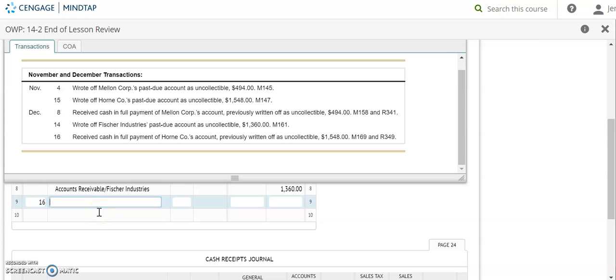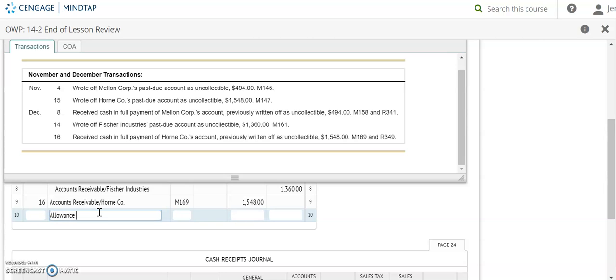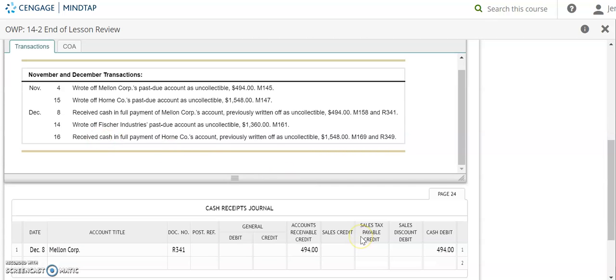So I'm going to debit accounts receivable Horn Company, using memorandum 169, and I'm debiting for 1,548, and then I'll credit allowance for uncollectible accounts. I'm putting that money back into that allowance account and credit 1,548.